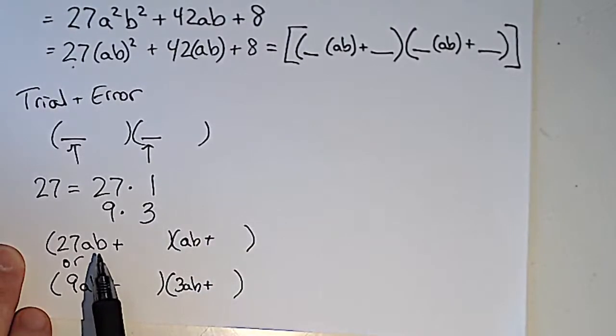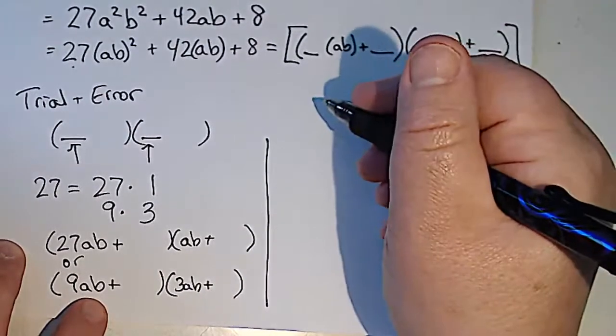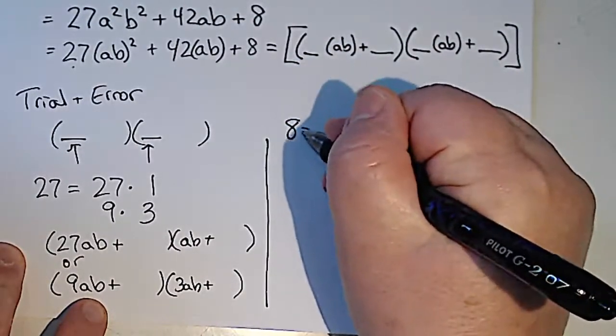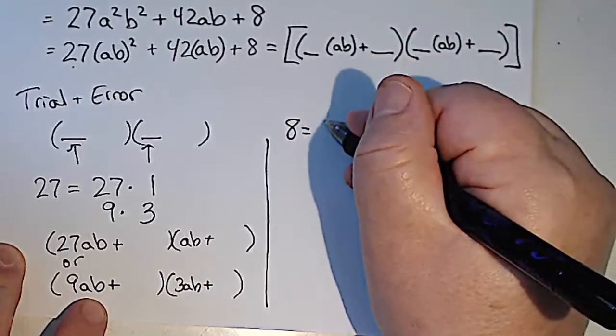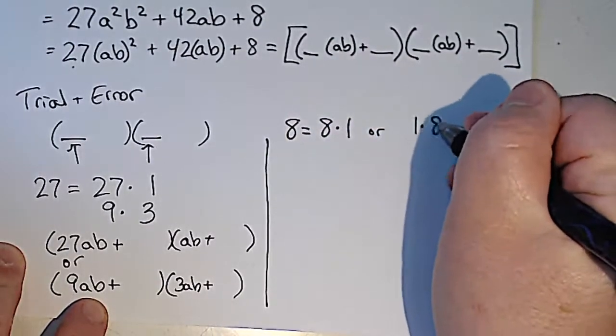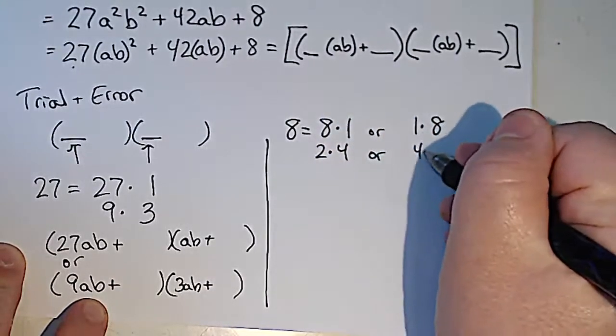So here we've got 2 different possible ways to start off, 27 times 1 or 9 times 3. Okay. Next up, we look at the 8. And I see that that could be 8 times 1, or 1 times 8, or it could be 2 times 4, or 4 times 2.